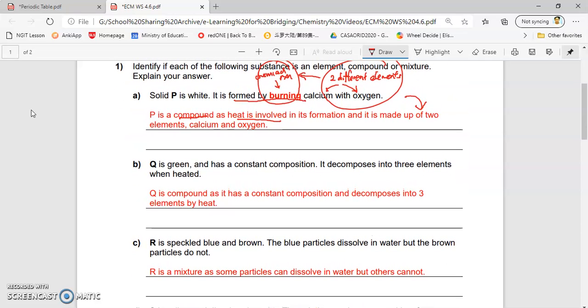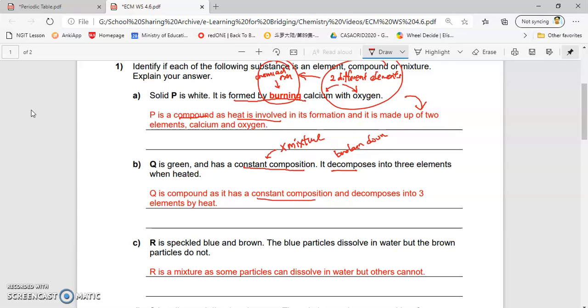Next one, Q is green, has a constant composition. Once you see the word constant composition, it means that it cannot be a mixture. Okay? Constant composition means it cannot be a mixture. Now, it decomposes means that it can be broken down into three elements when heated. So Q is made up of three elements.